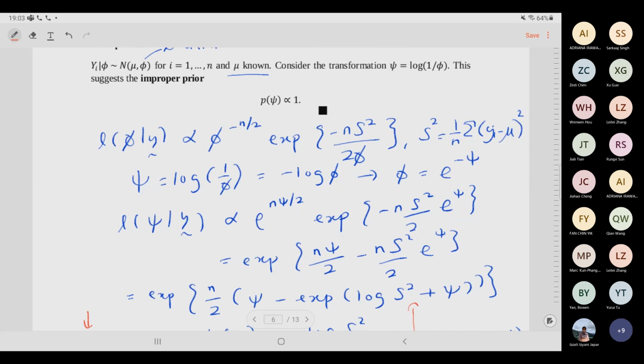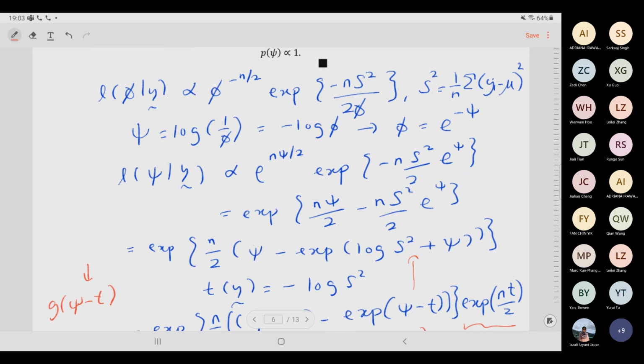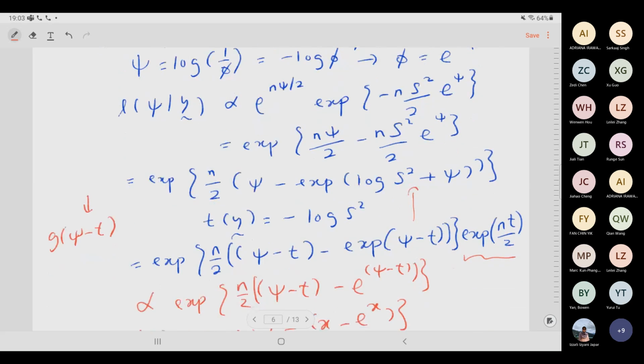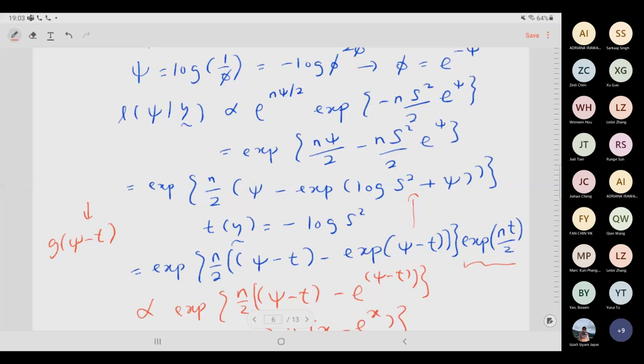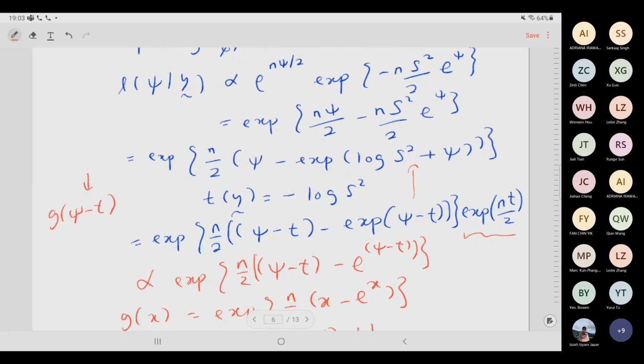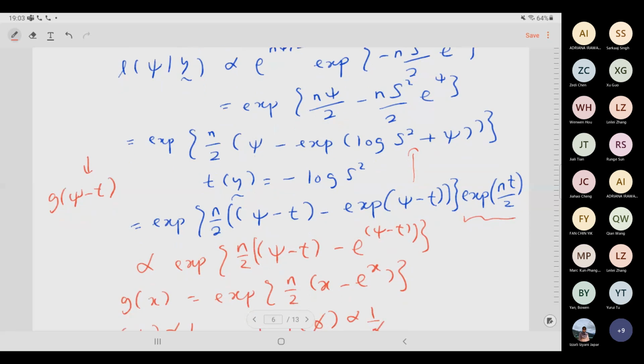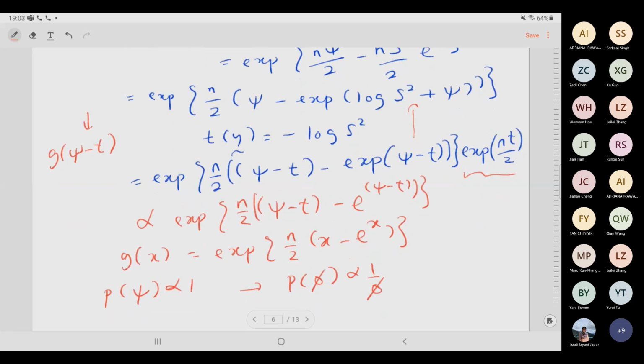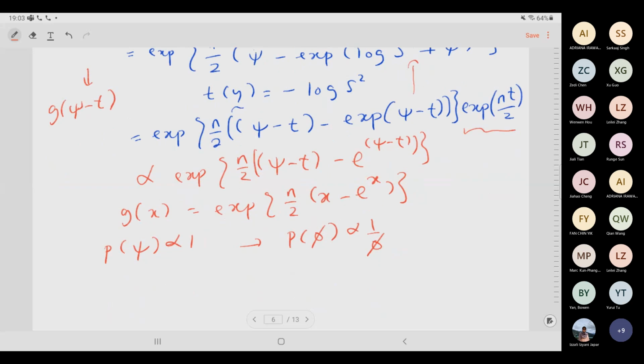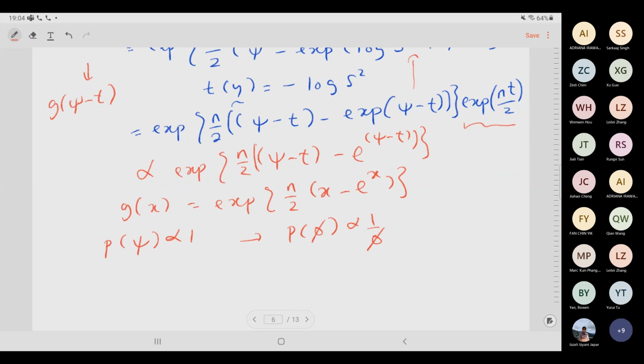But with transformation and a lot of algebra, you can show that after you transform your variance phi to eta, the likelihood for your eta is actually data translated. So that will imply that you can use a flat prior for your eta.